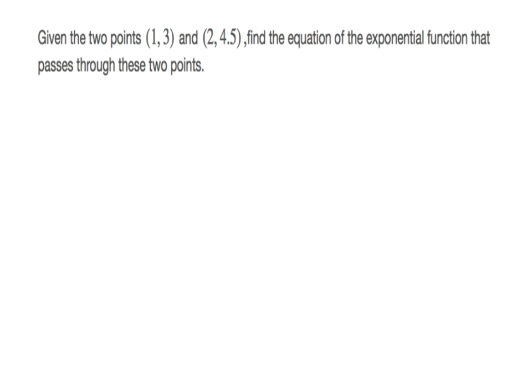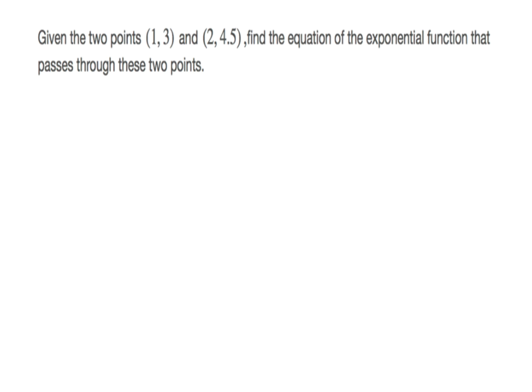So I'm going to enter 1, and then I'm going to enter 2, and then I'm going to arrow over to list 2, and next to the 1 I'm going to put 3 for my y value and enter, and then 4.5 and enter. And then I'm going to do stat, calculate, and I'm going to go all the way down to exponential regression.